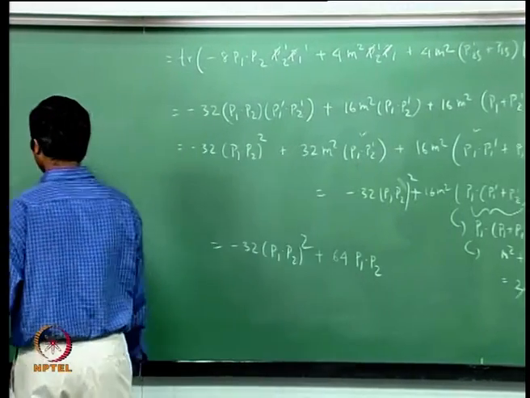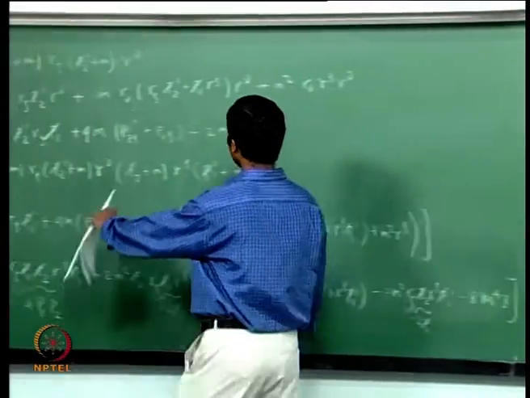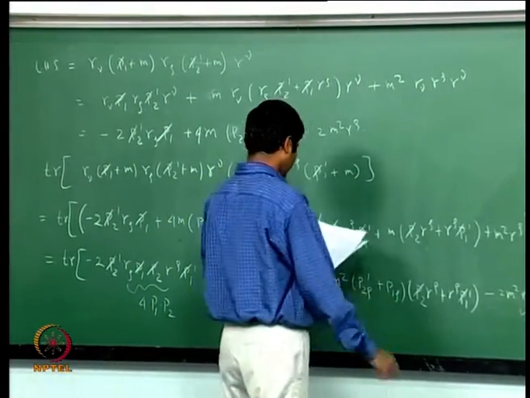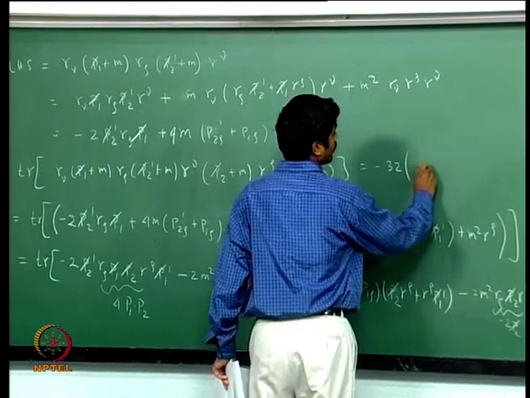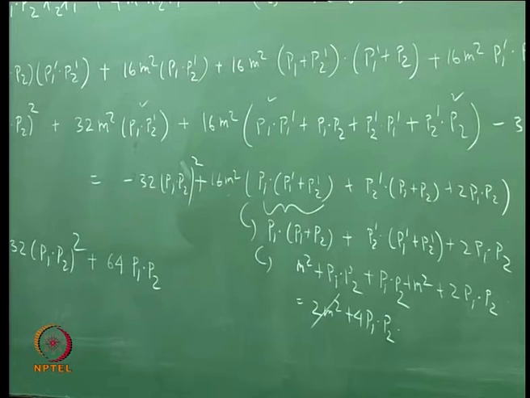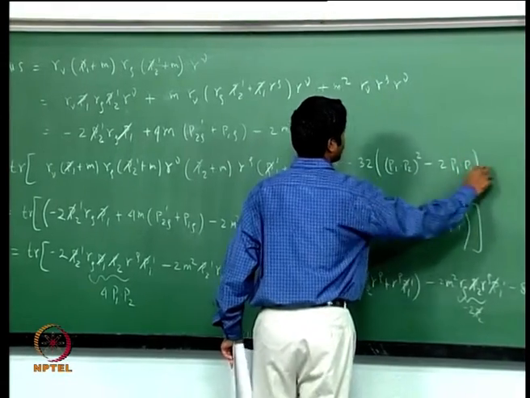So what I did is I evaluated this trace here, and then at the end of the day this is simply equal to minus 32 into P1 dot P2 square minus twice P1 dot P2. This is what I get for this trace.